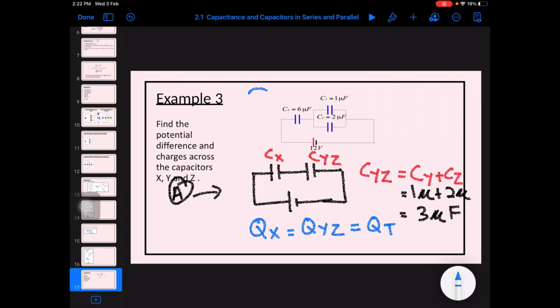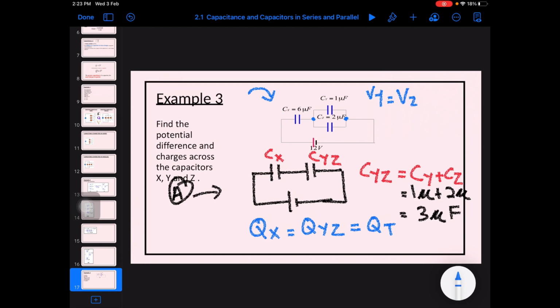And at this combination, which is a parallel combination, it means that Vy equals Vz, but the charge Qy is not equal to Qz.